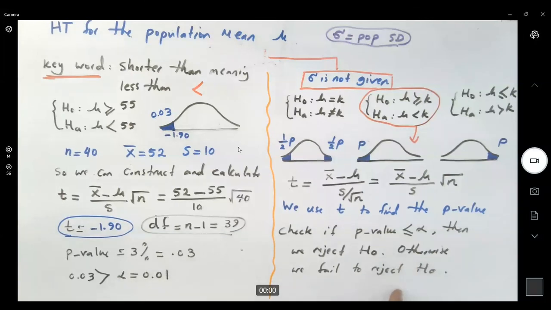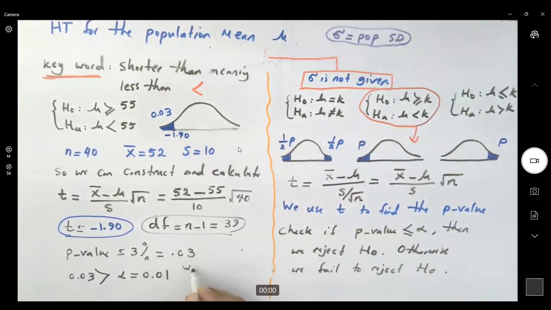So what is our conclusion? We fail to reject the null hypothesis. What's the meaning of that? Unofficially, we fail to reject. It means that we support the null hypothesis.